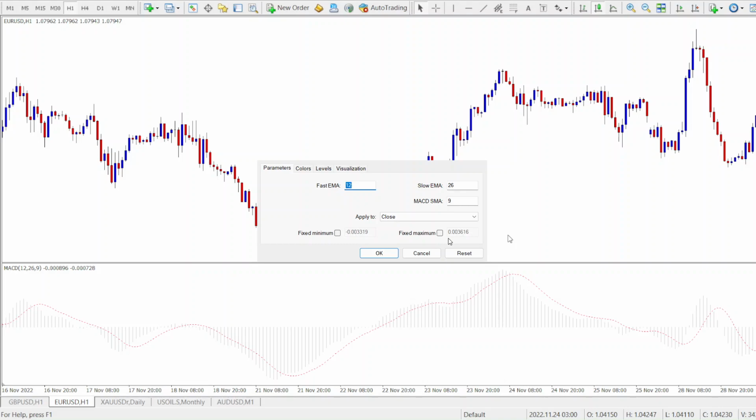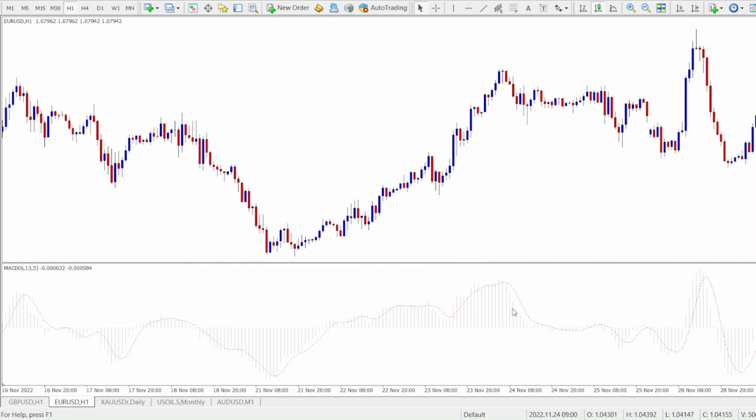So a good place to start is using a 6, 13, and 5 MACD setting. So we're just going to be changing this to 6, changing this to 13, and changing this to 5. That is if you are a day trader. This setup reacts quicker to price changes, which can help you catch early entry points.